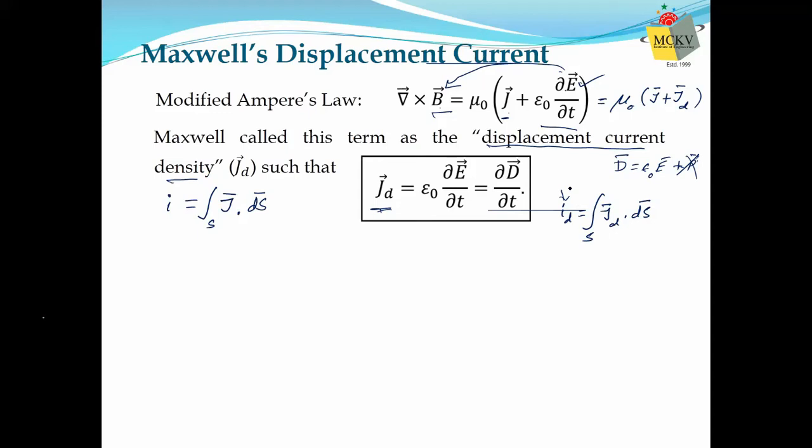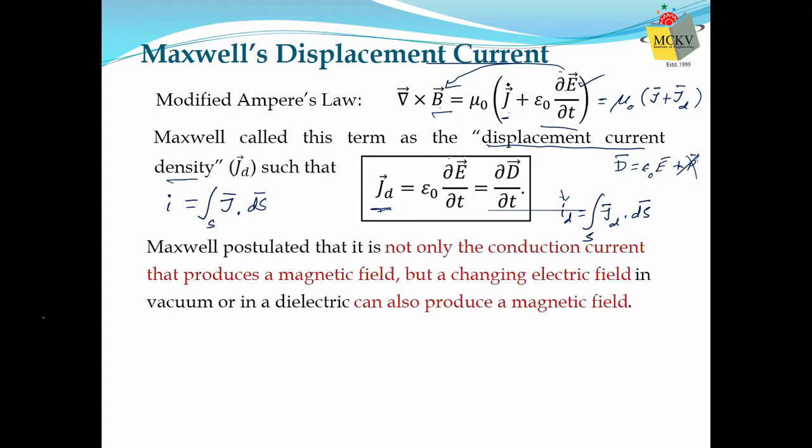But here, what we are observing is the rate of change of electric field. It only tells us that, like normal current can produce magnetic field, the rate of change of electric field also produces magnetic field. That's why we call that quantity displacement current. But it is a misnomer; the name is not correct. It has no property of conventional current. Still, after Maxwell, till date, the name is displacement current and displacement current density.